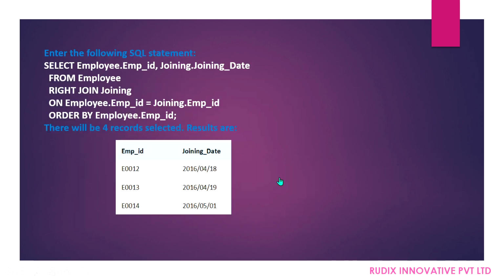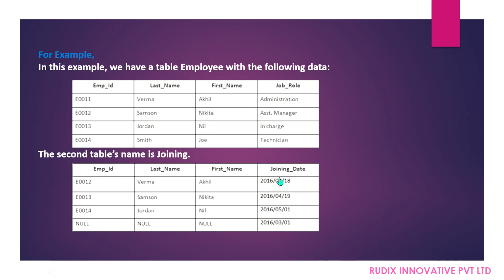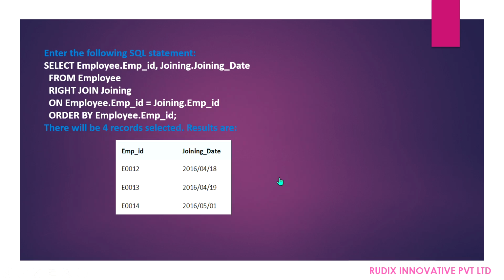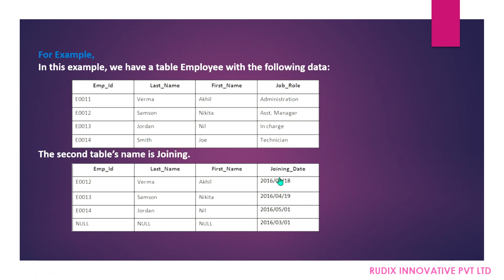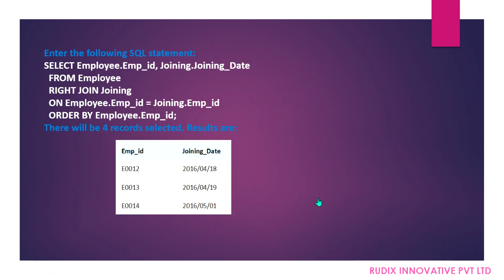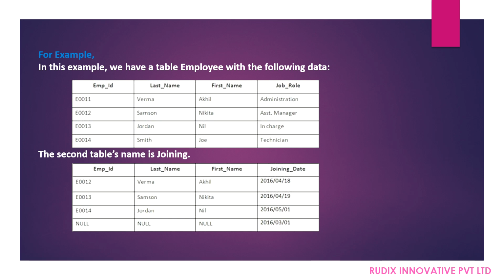Here we use the right join. So employee ID and joining date will be the result. In these two tables we match the columns and we get the result. Here the employee ID is the same match, and the joining date. So we get this output.